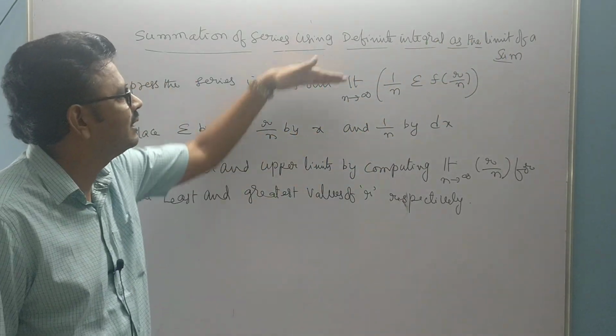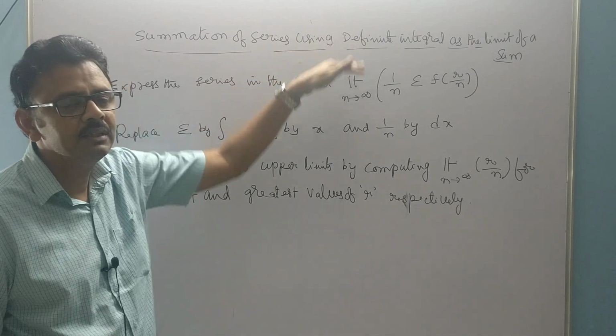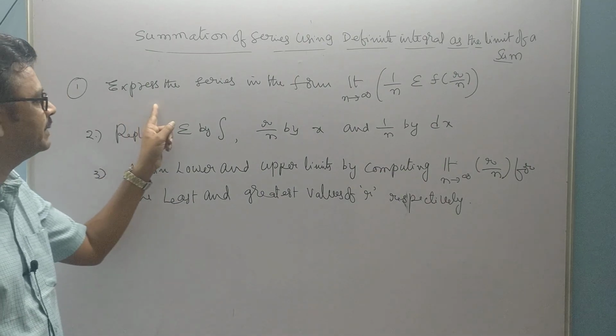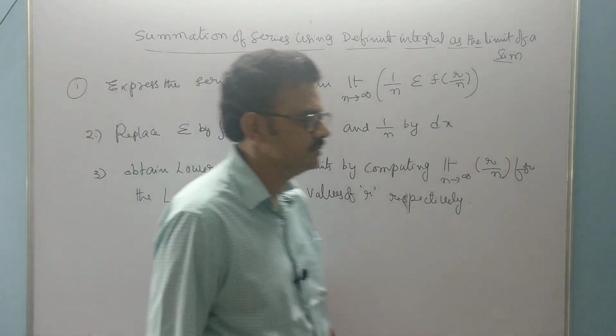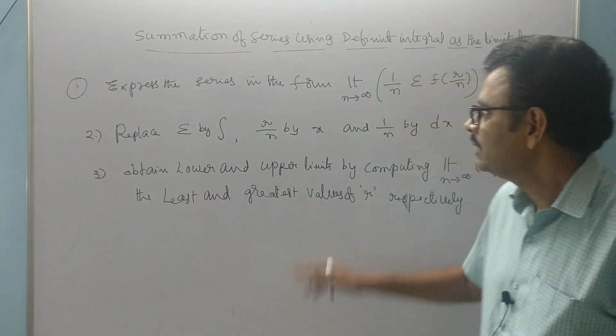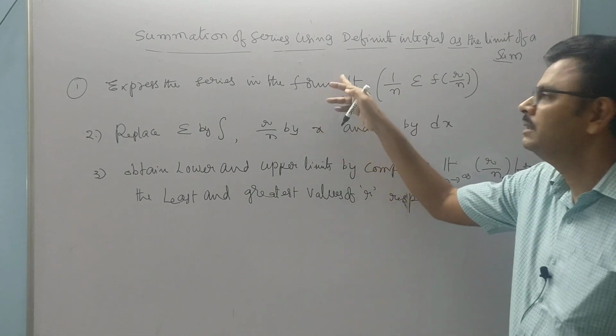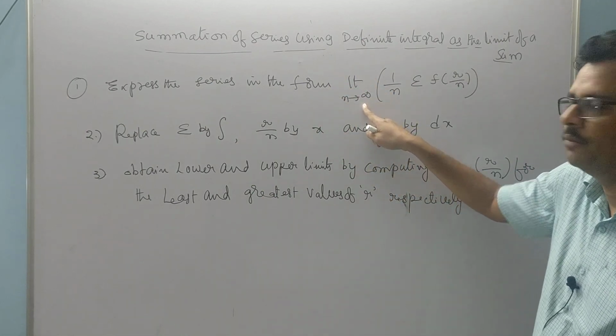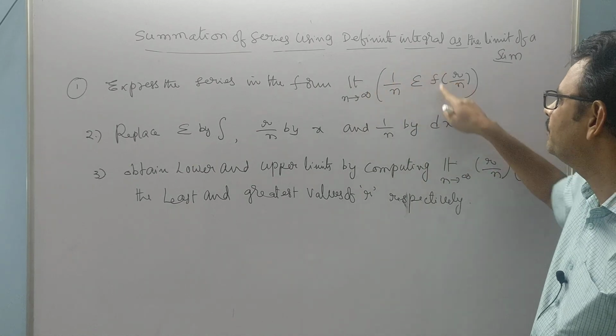For this algorithm, we have exactly 3 steps. Express the given series in the form of limit of n tends to infinity 1 by n into sigma f of r by n.